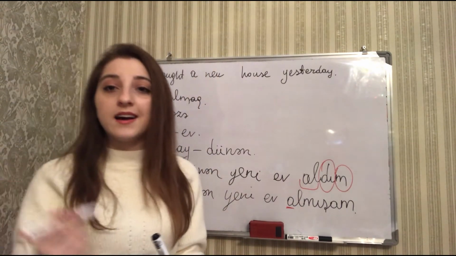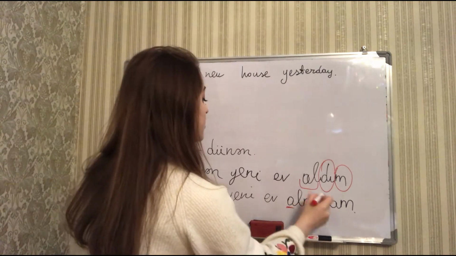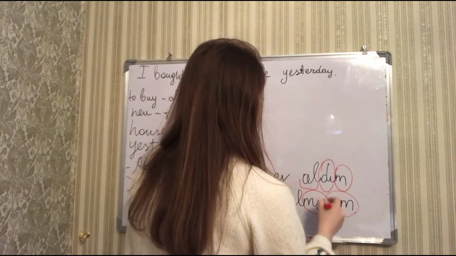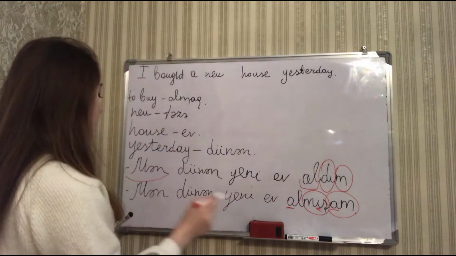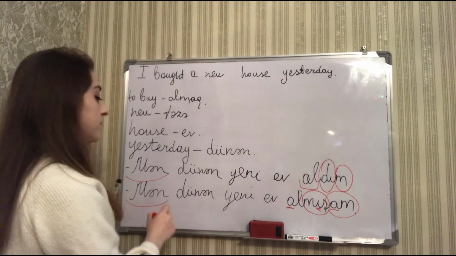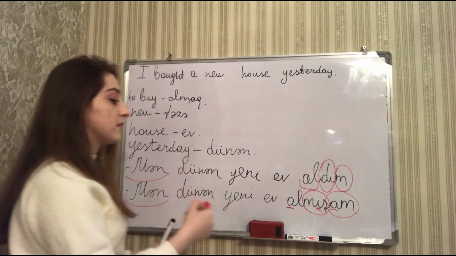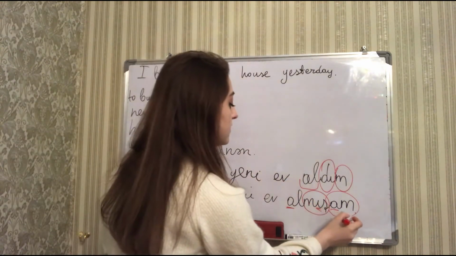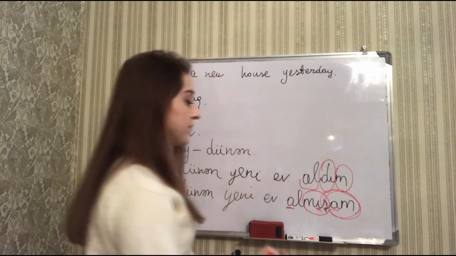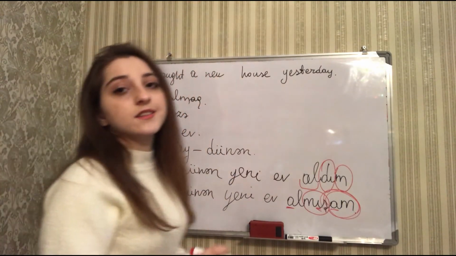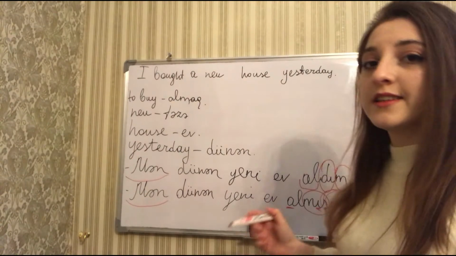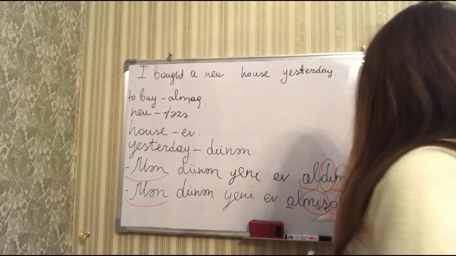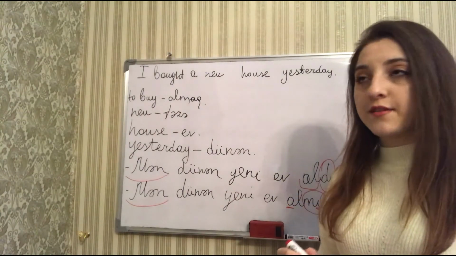That's why I added mış and am. Who bought? I bought. Kim aldı? Ben almışam. Again, al is verb, mış is the suffix of past simple, and am is personal suffix.